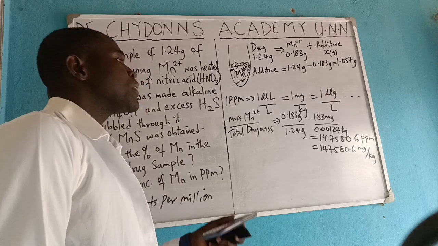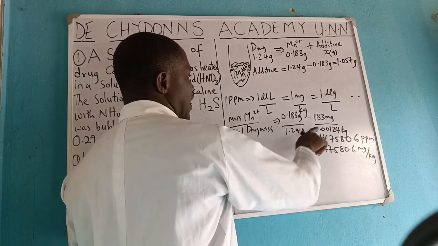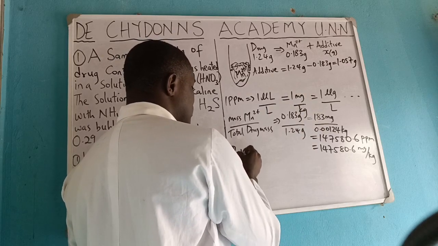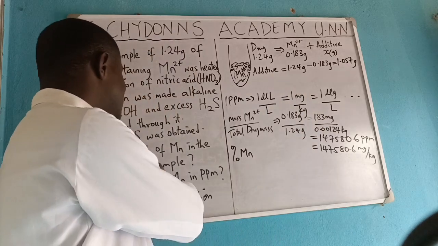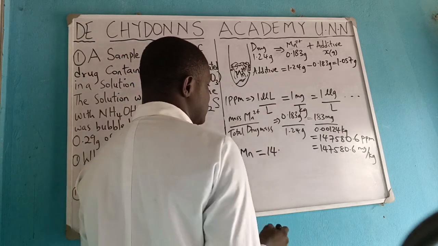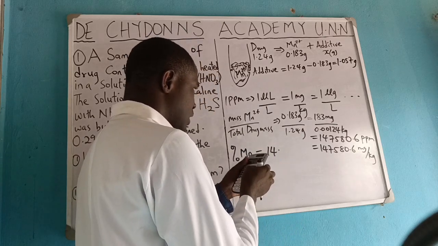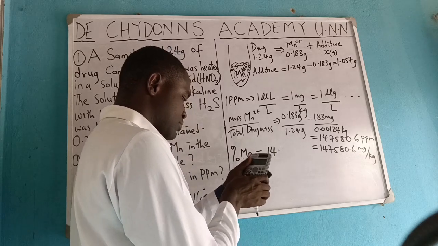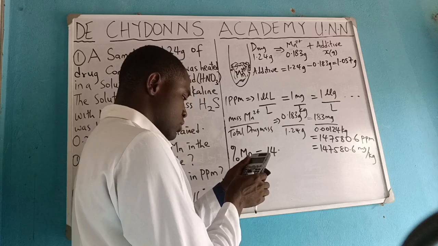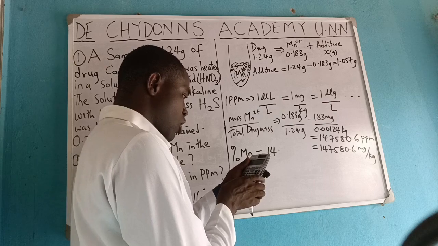Another way to get it in ppm is to get my percentage. The percentage of manganese in the drug is equals to 0.183, let's do it so that I will not make a mistake, divided by 1.24 times 100.